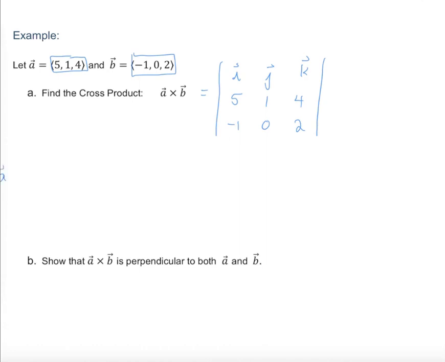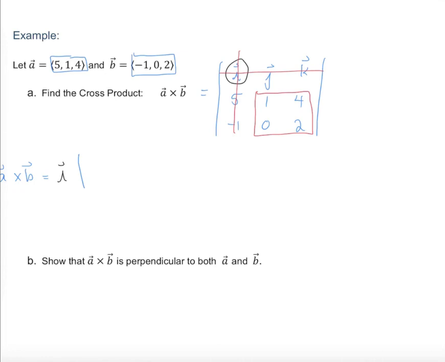So A cross B is going to be calculated by first looking at the top left element, which is the i vector. We're then going to cross out the row and the column that contain that i vector and calculate the 2 by 2 determinant of the elements that remain after we cross those rows and columns out.